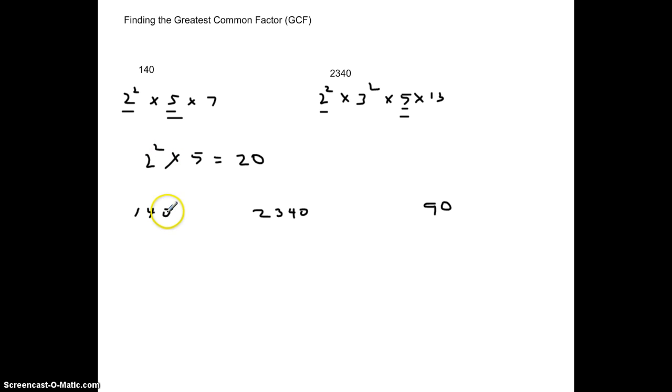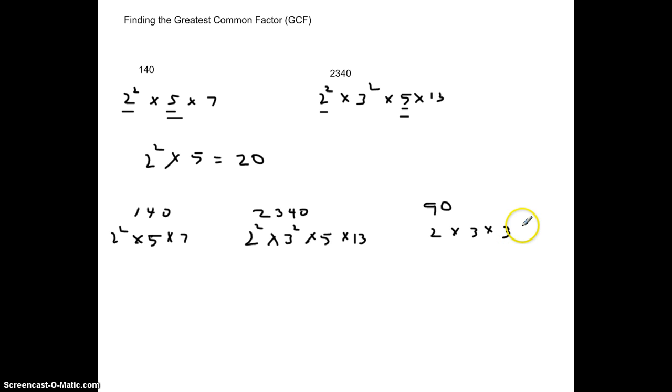Now we've already factored 140, 2 to the second, times 5, times 7, and 2,340, the prime factorization was 2 to the second, times 3 to the second, times 5, times 13. And then for 90, 2 will go into 90 45 times, and then 3 will go into 45, 15 times. 3 will go into 15, 5 times.